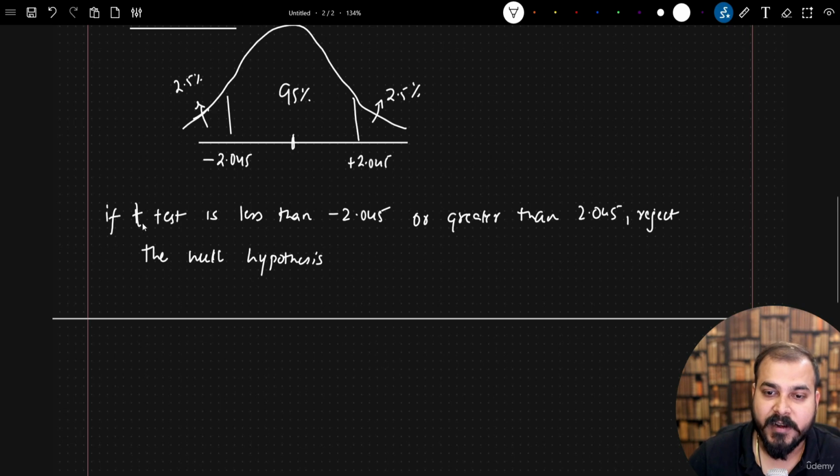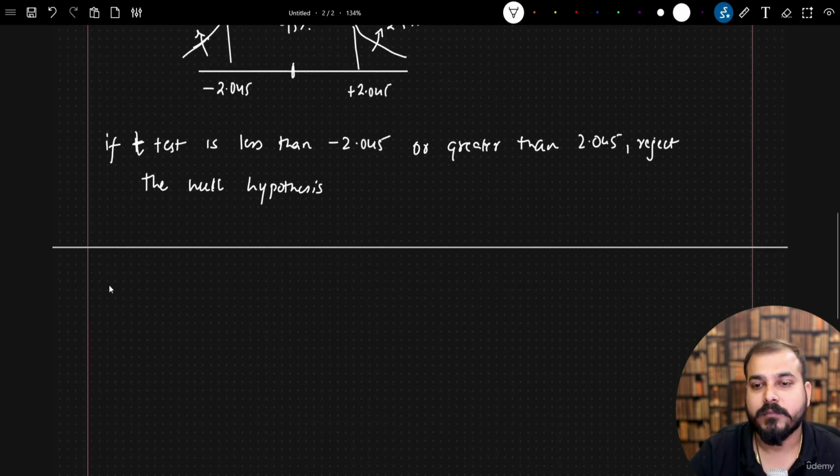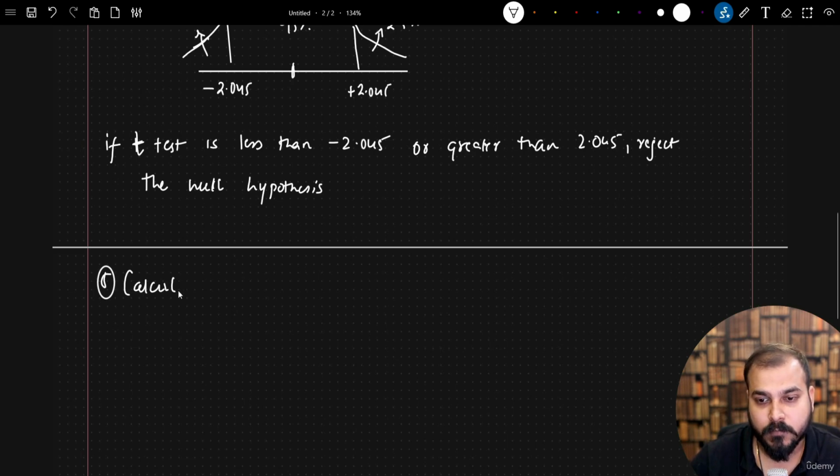In the last example, we did Z-test when a population standard deviation is given. Now we will try to find out what this t-test is. Okay, so this is my decision rule. Now let's go ahead and compute it. So my next step is calculating the test statistic.